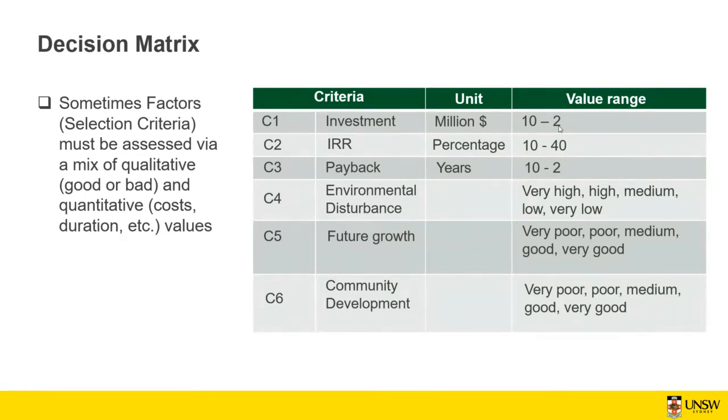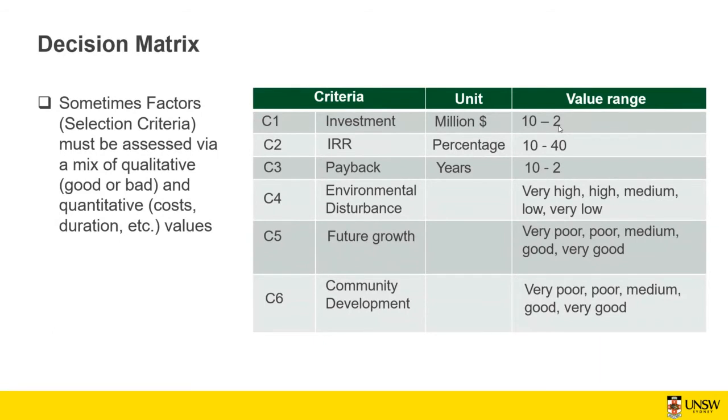And 10 is the number that is going to be very high cost and you want to avoid. So that's the reason you got from 10 to 2, not 2 to 10. But on the other hand, for the internal rate of return, 10 is the not preferred one and 40 is the preferred one. So it's 10 to 40. And the payback period, like investment, the 10 is not preferred, comes first, and the 2 is the preferred one, comes later. So this is the range.